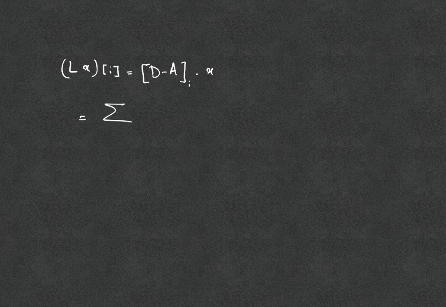If you have the Laplacian there and you have a vector x with elements associated with a scalar value per node, if you look at the ith element of this, you basically have D minus A, and you have the ith row of this multiplied by x. Now you can also write it like this, which showcases the relationship between this and the definition we just gave.